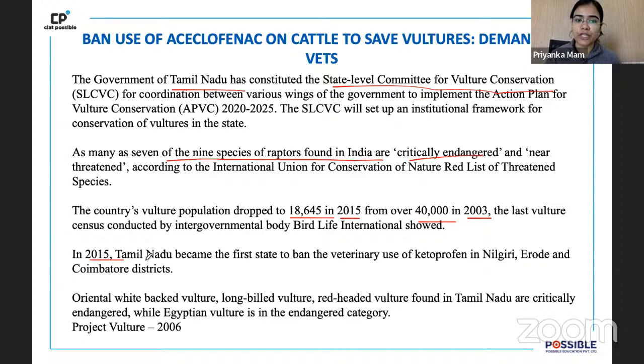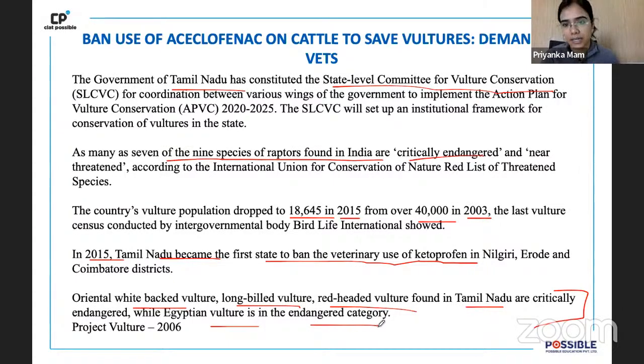In 2015, Tamil Nadu became the first state to ban the veterinary use of ketoprofen in Nilgiri, Erode, and Coimbatore districts, which is also something, I mean, similar to what we spoke about. अभी diclofenac वगैरह, ये सारे drugs toxic हो जाते हैं vultures के लिए. बाकी what do we have, ये तमिलनाडु की अगर हम बात करें तो ओरिएंटल वाइट बैक्ड vulture, long billed vulture, red headed vulture in Tamil Nadu are critically endangered, and Egyptian vulture is supposed to be in the endangered category.